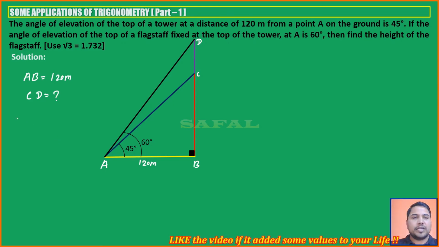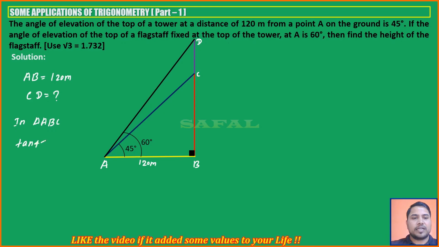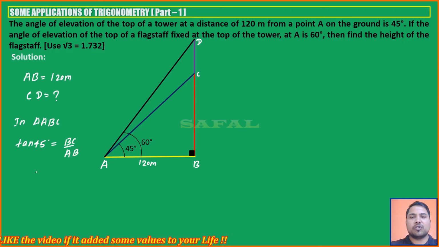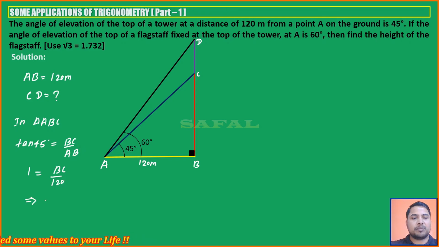So in triangle ABC, I can write tan 45 degree as BC by AB. Now tan 45 degree we know is 1. BC we don't know, AB is given as 120. So from here we get BC equals 120 meter. Let's call this equation 1.